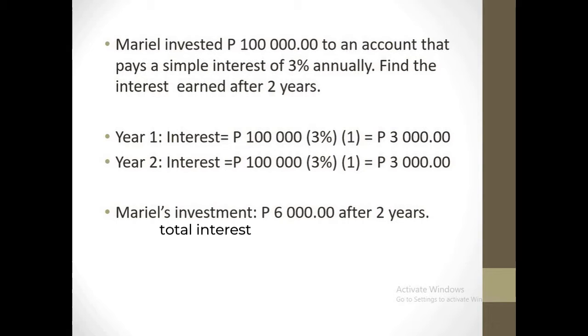By year 2, interest is equal to 100,000 pesos multiplied by 3% times 1, which is equal to 3,000 pesos. Mariel's investment total interest turns out to be 6,000 pesos after 2 years.